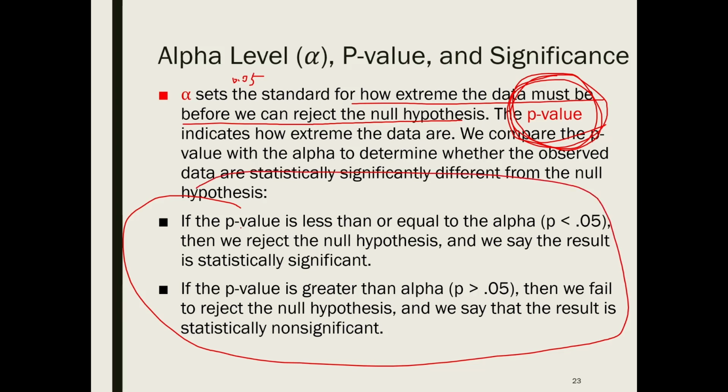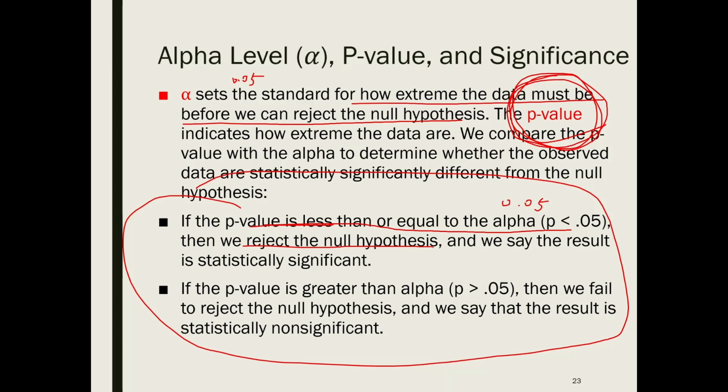If the p-value is less than or equal to the alpha level, usually 0.05, so we write down p less than 0.05, then we reject the null hypothesis. So we say it is significant, because we reject the null hypothesis, we accept the alternative hypothesis, right?